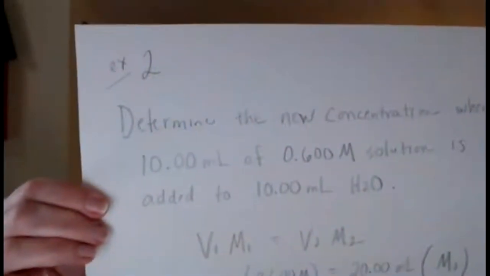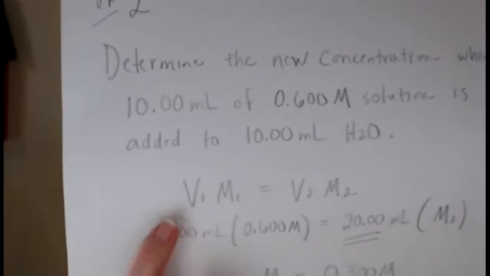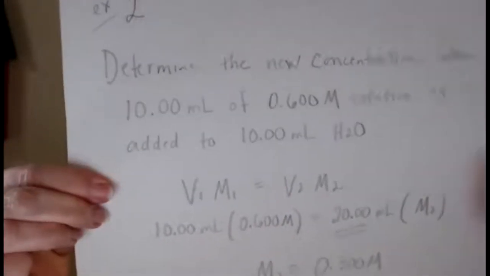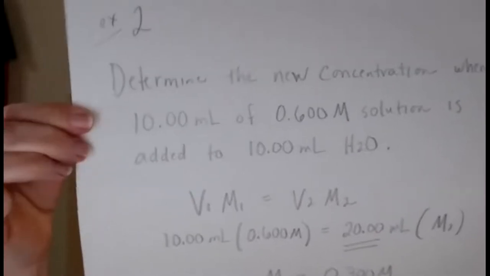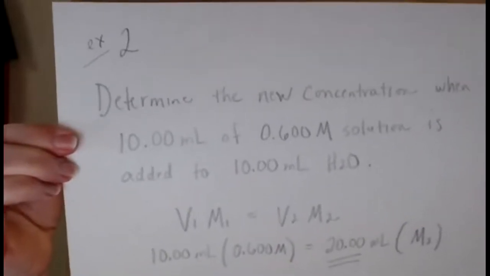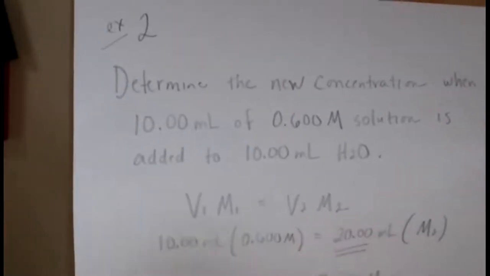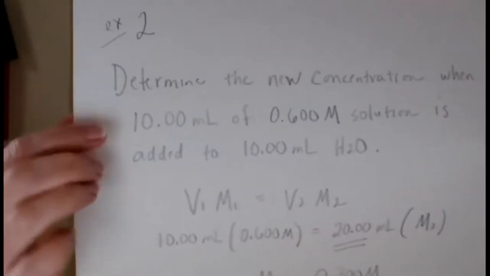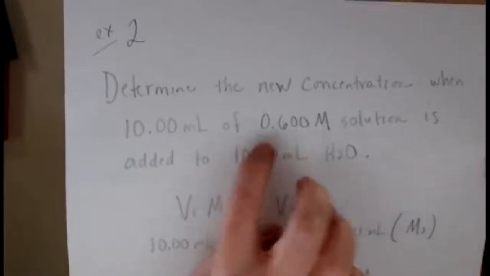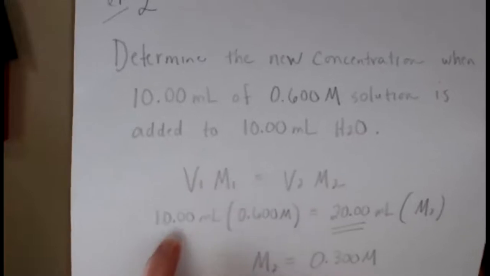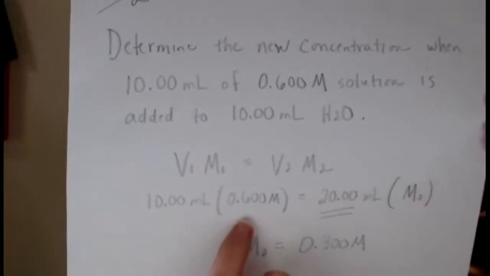If I have dilution, this is the formula, V1M1 equals V2M2. That's your dilution formula. In this word problem, it says determine the new concentration, which means I'm solving for M2, when 10 milliliters of 0.600 molar. I'm giving you the initial volume and the initial concentration.